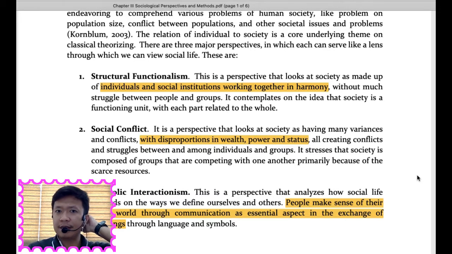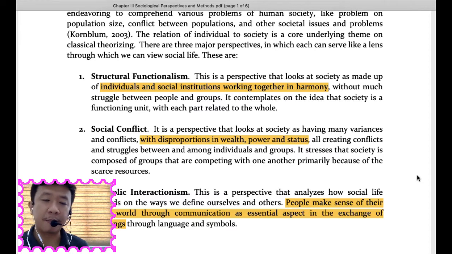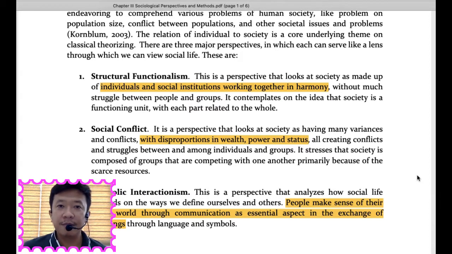Like mass media, for example, is very important in terms of information dissemination of a particular policy that the government has promulgated, no? So yung function na yon ng mass media, the patterned interaction between media producers and media consumers, ay nakakatulong for societal order.